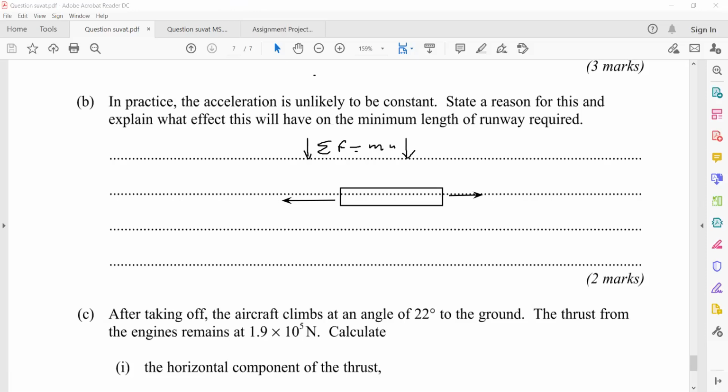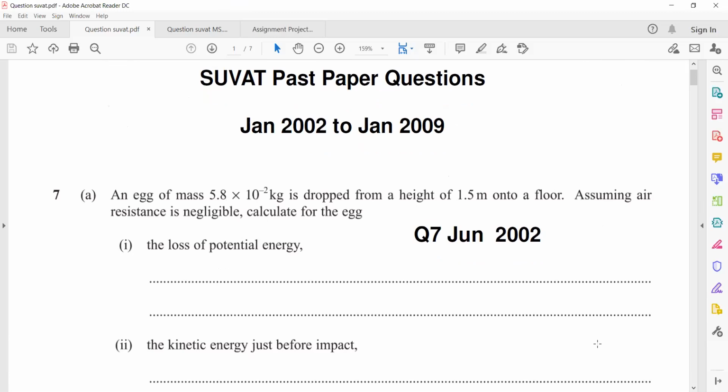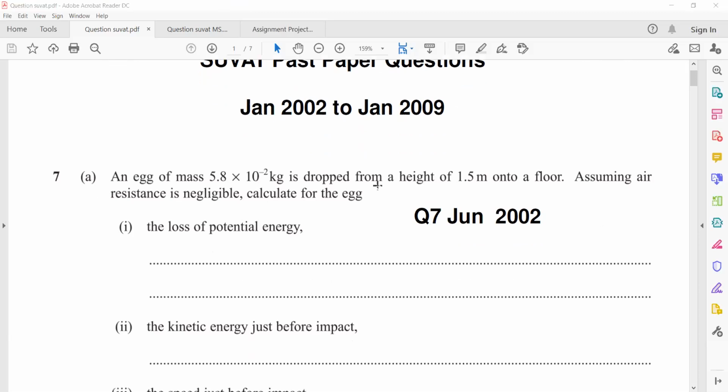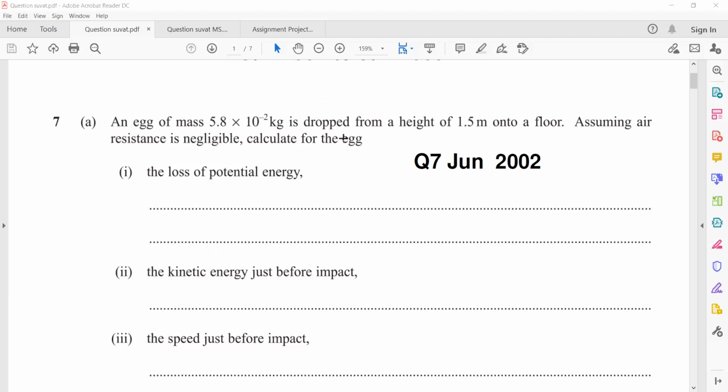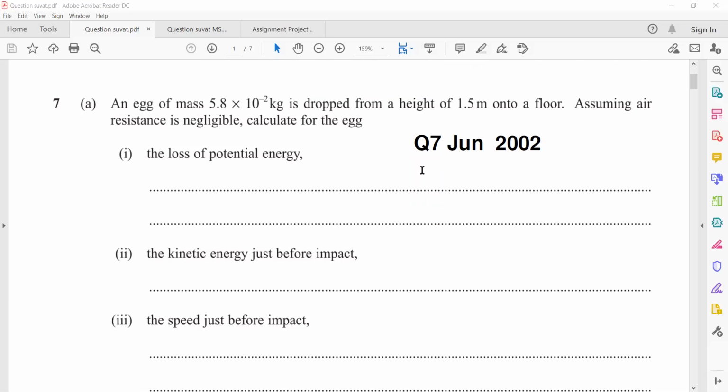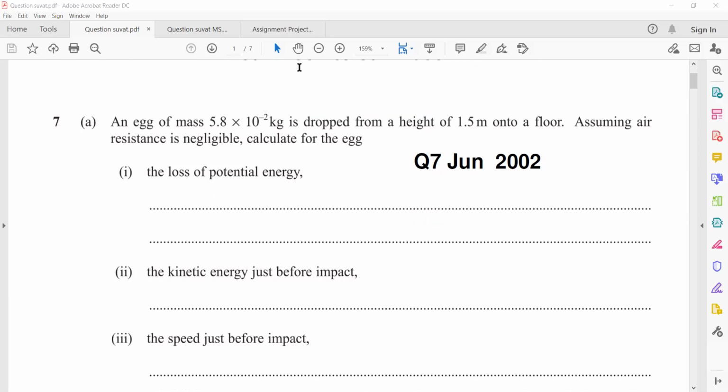Any other question in this exercise? An egg of mass 5.8 times 10 to the minus 2 is dropped from a height of 1.5 meter. Assume no air resistance, loss in potential energy. So potential energy is mgh.